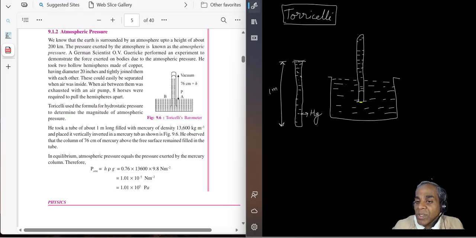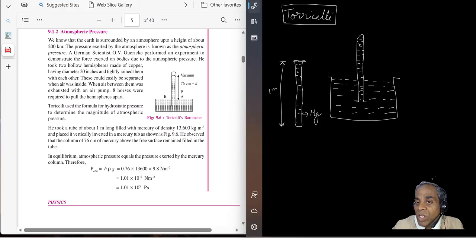Initially it was totally filled because he sealed it. Once he dipped it inside the trough, he removed this seal, allowing the mercury inside to flow out into the larger trough.